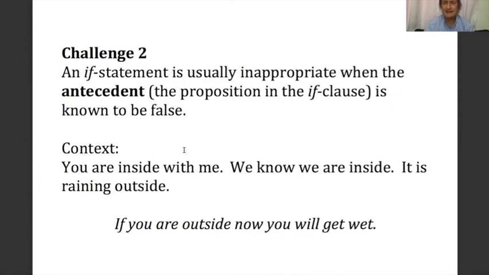Can I say, if you're outside right now, you'll get wet? Seems a very strange thing to say. I know you're not outside, so why am I saying if you are outside? You know you're not outside. Why am I saying if you are outside? Okay, I know that's false.